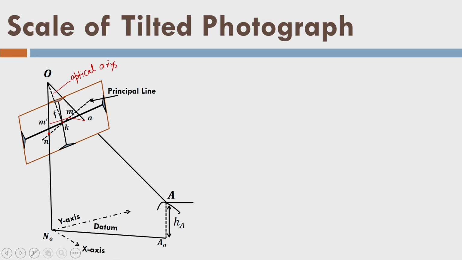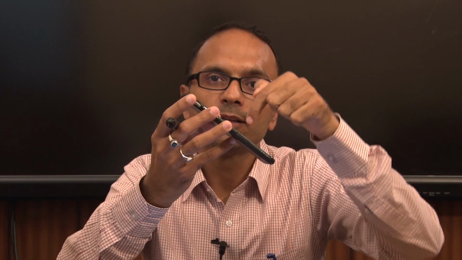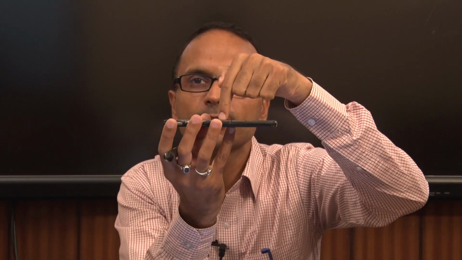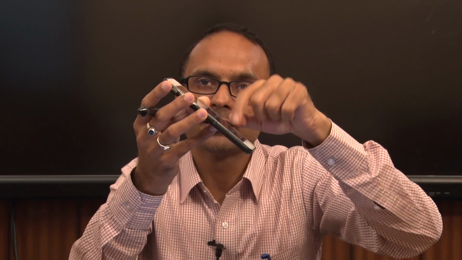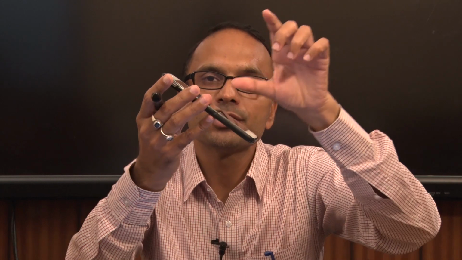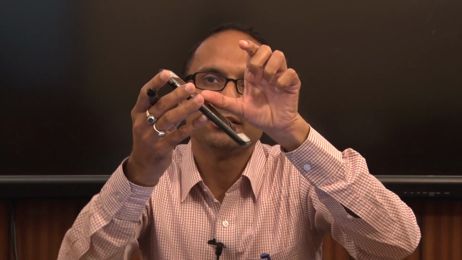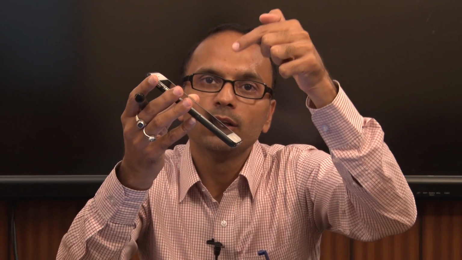Because of the tilt, my photograph is not like that but like this, and my nadir point has now shifted from here to here. Optical axis is like that. So, this is my focal length, this is the nadir line here. This kind of arrangement is there, and this focal length is perpendicular to the tilted image.